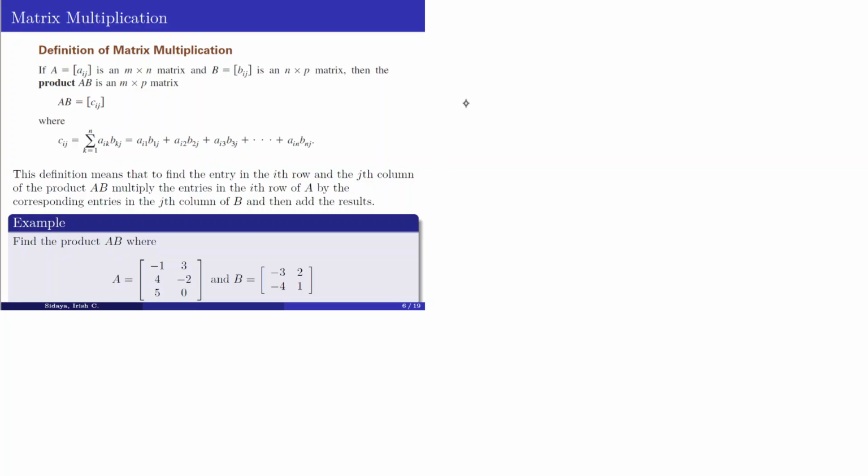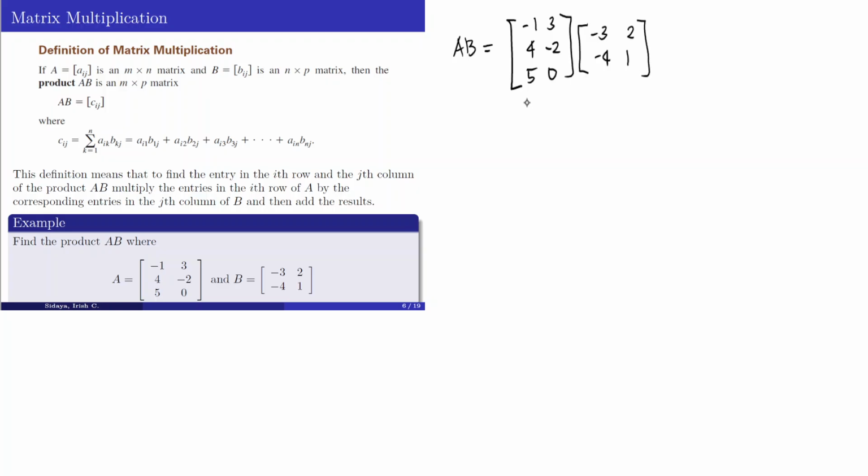So we have A times B is equal to, we have negative 1, 3, 4, negative 2, 5, 0, multiplied by, we have negative 3, 2, negative 4, 1.